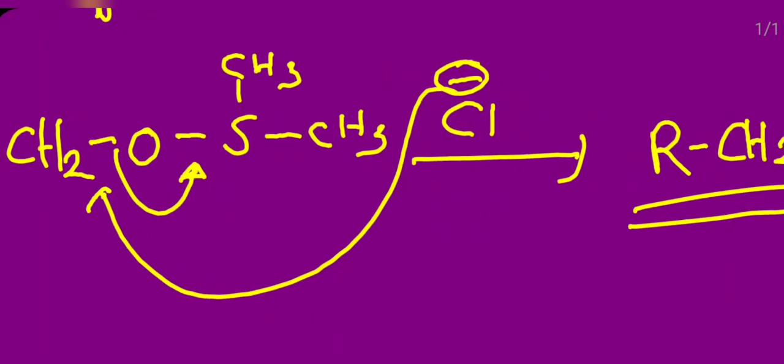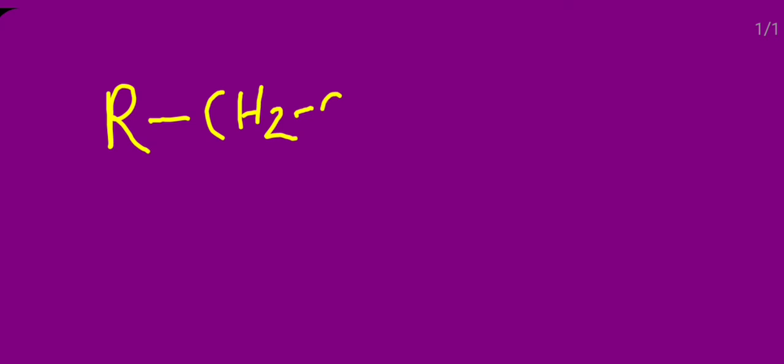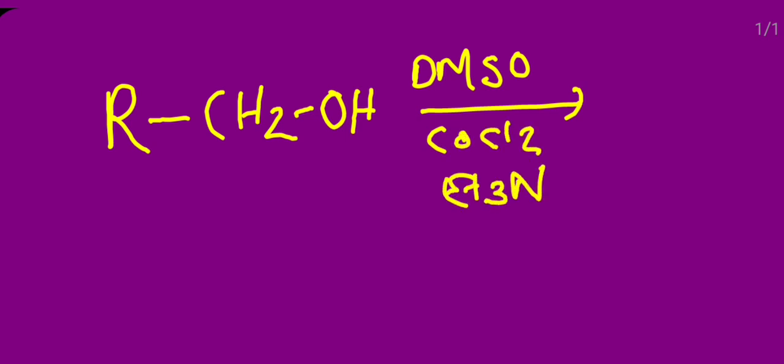So these are the two kinds of mechanism using the DMSO based reagent, that is in Swern oxidation. I can generalize all this. CH2OH on the arrow DMSO, COCl2 and Et3N, that is, the triethylamine base is mentioned, then the product we get will be aldehyde.